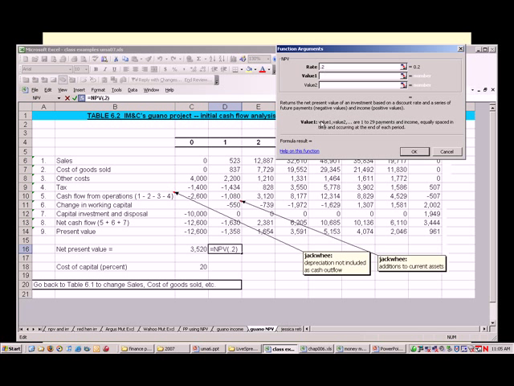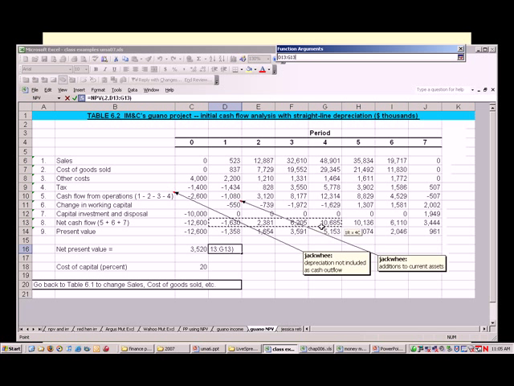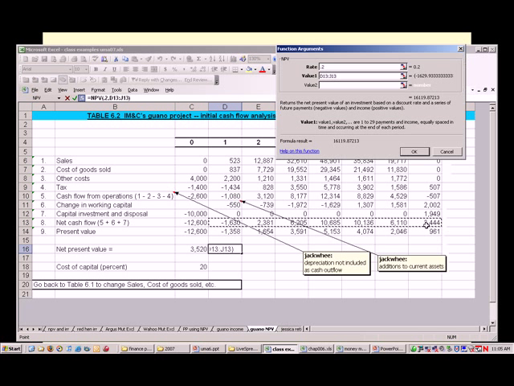Then for the values, we want to highlight the dollar amounts of the cash flows for years 1 through 7, or for the full term of the project. Then we want to say OK.